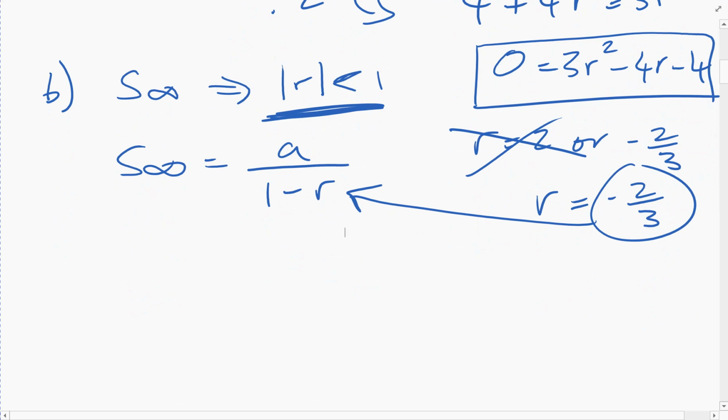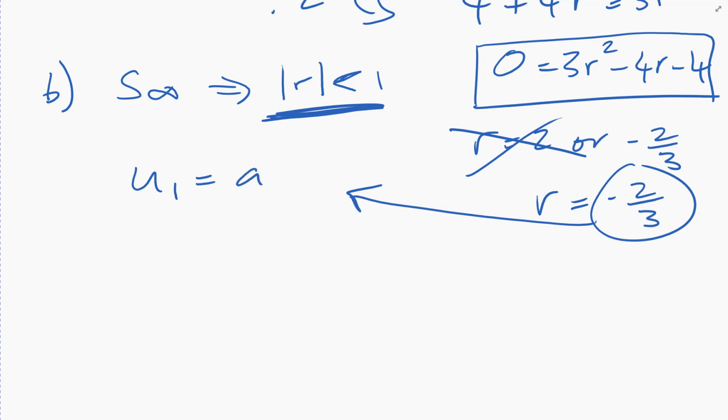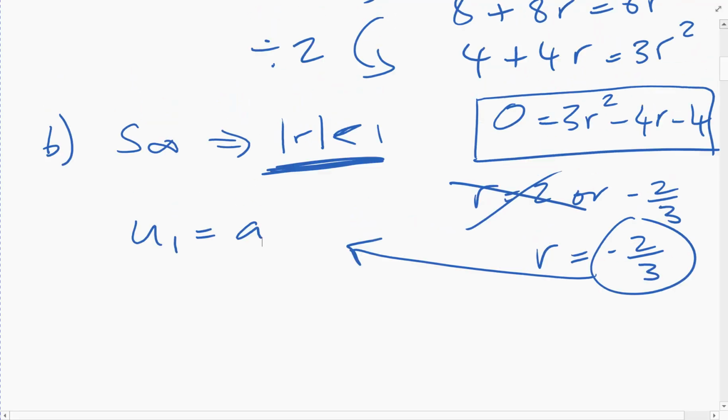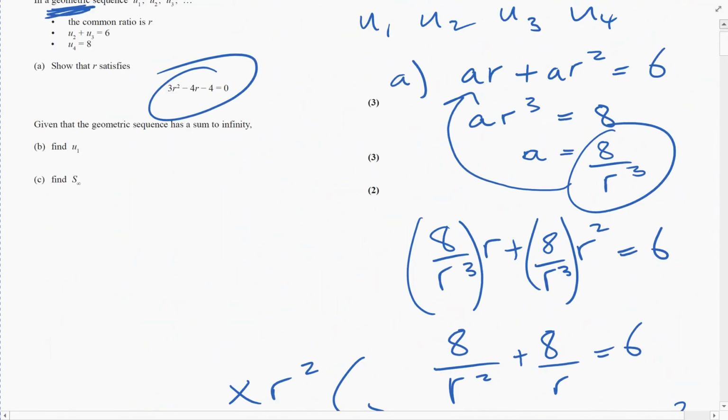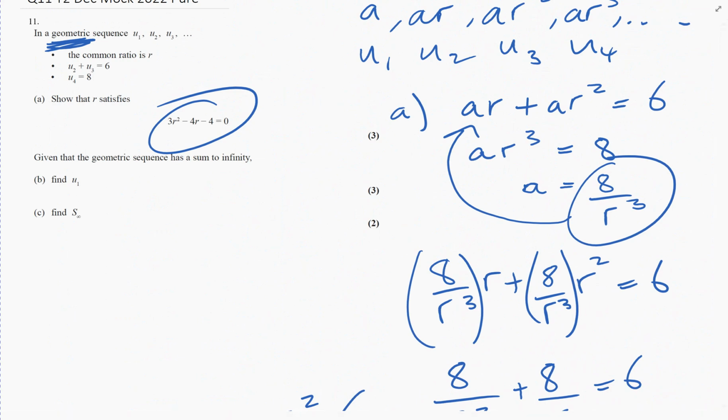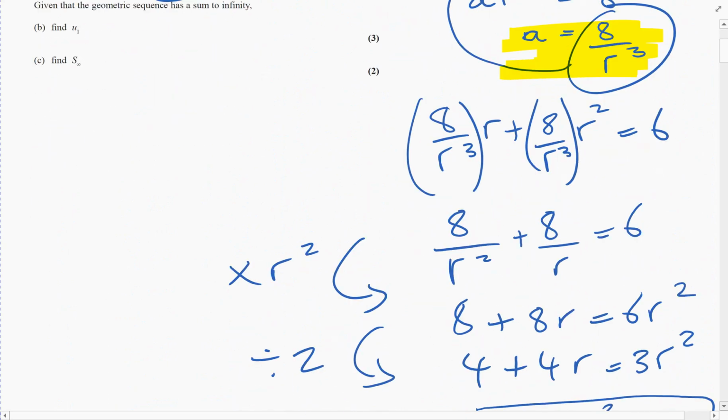Oh, sorry, I'm getting this wrong. We don't actually want to find the sum to infinity. Yeah, scrap that. We only want to find term 1, and that is A. So can we find out what A is? Well, if we go back up here, we know from this that A is just 8 over R cubed.